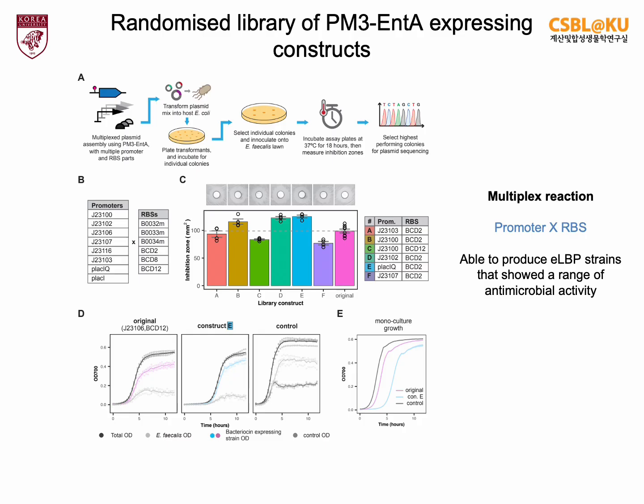From the multiplexed screen, they were able to produce strains that showed a range of antimicrobial activity. However, even in co-culture, the conditions found within the human gut will be extremely different to those encountered in vitro. Therefore, in vivo testing or improved in vitro methods will be required to more accurately predict final strain performance.